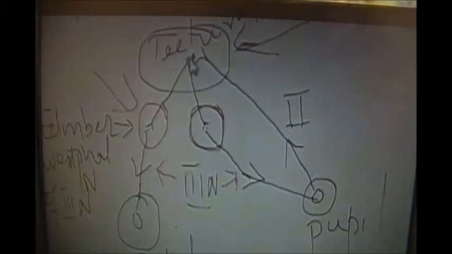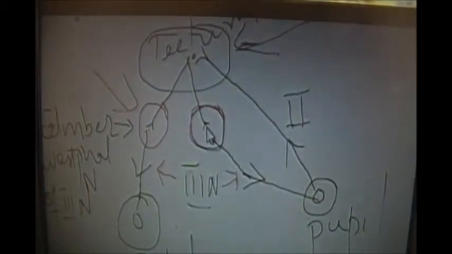to the tectum in the brain, and from there the impulses go bilaterally to the Edinger-Westphal nucleus of the third cranial nerve. So the impulse coming through the optic nerve in the brain goes bilaterally to the nucleus of the third cranial nerve, and then it goes back to the pupil to constrict on both sides.